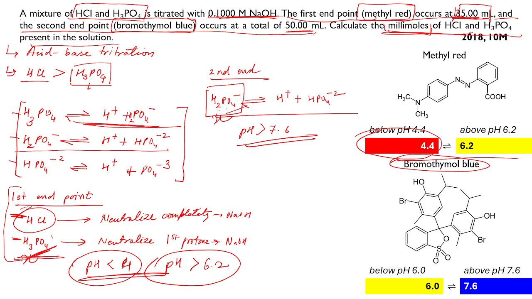Look, here is the point. You should not use 50 ml, because up to 35 ml we have already calculated the amount of NaOH used. After that we have only added 15 ml of NaOH, so we only need to calculate the amount of NaOH in the remaining 15 ml.